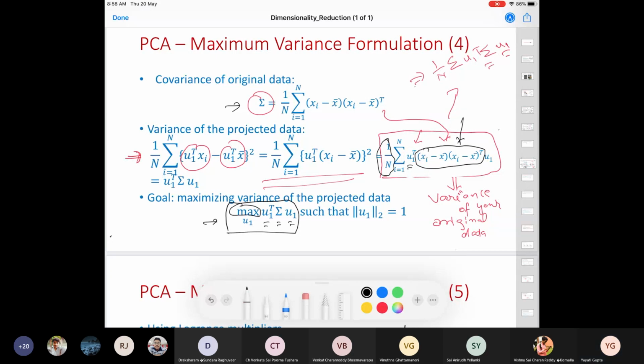Now, if you remember, I discussed in the very beginning that we try to ensure that the norm of this axis u1 should be equal to 1.